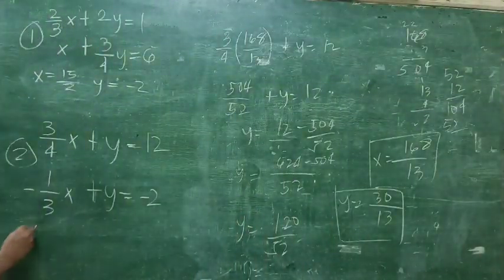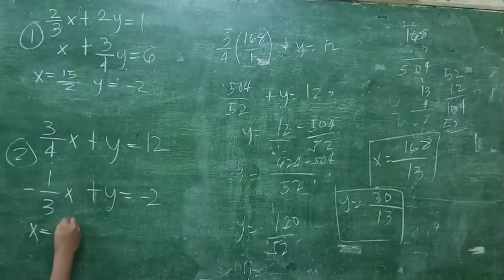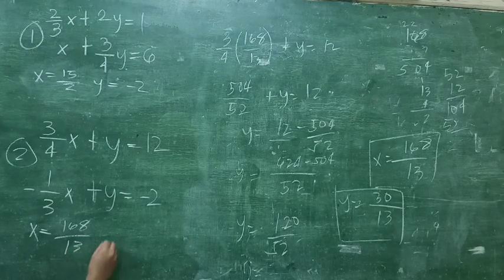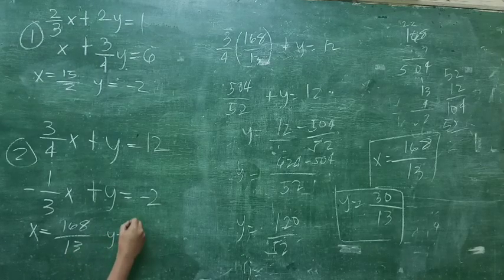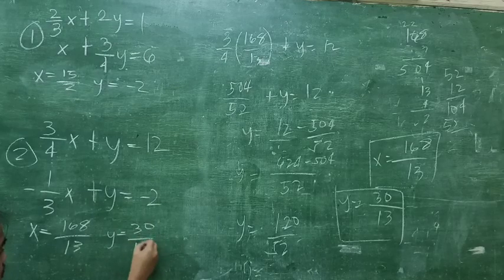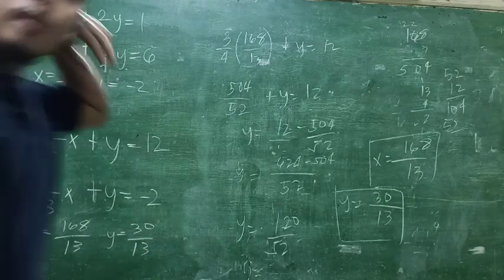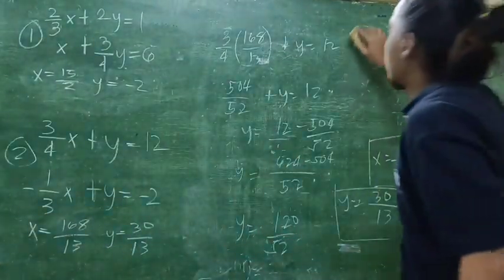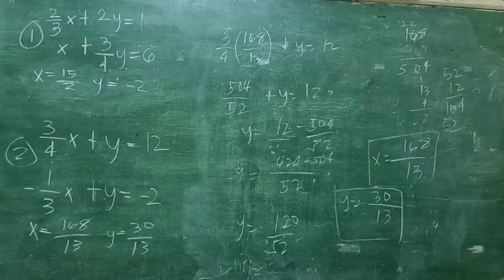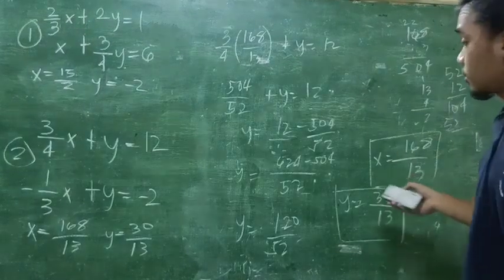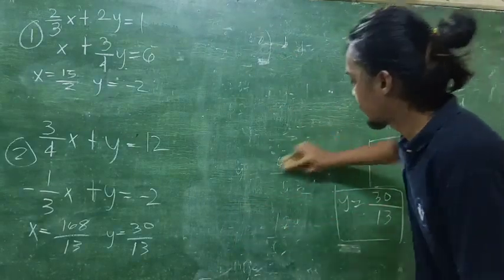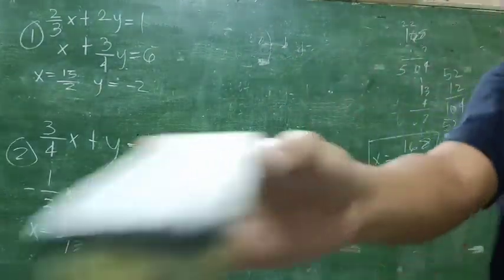So there we have it. X is equal to 168 over 13, and y is equal to 30 over 13. Okay? Okay, let's prove if we got it right. Simply, we just have to substitute it into our equation.